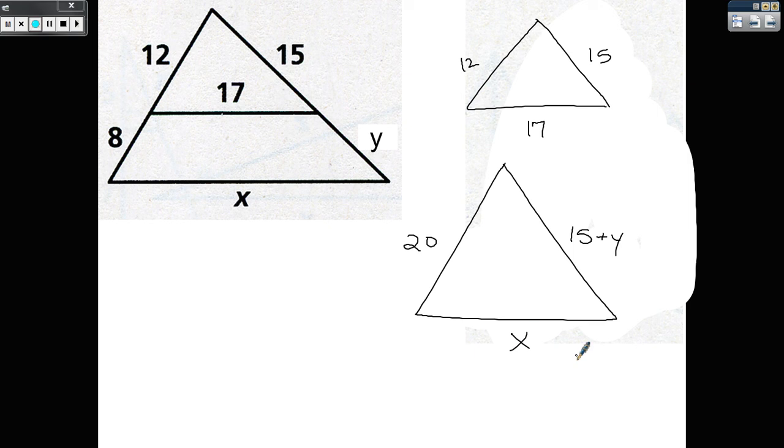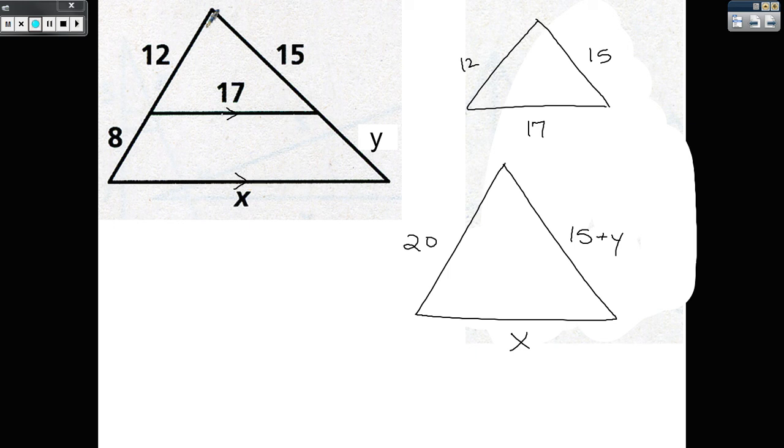Now what I should have done before we got started with this one is made sure that you understood that this length right here and this one right here are parallel to each other. If I don't show you that that's parallel, there's no way to prove the two triangles similar without that information. So how do we know the two triangles are similar?